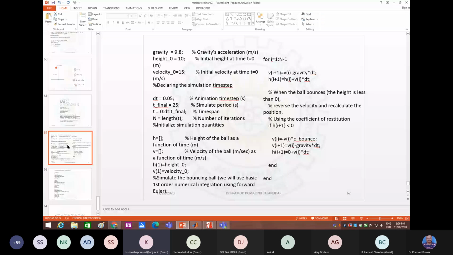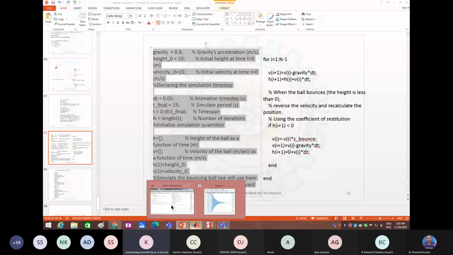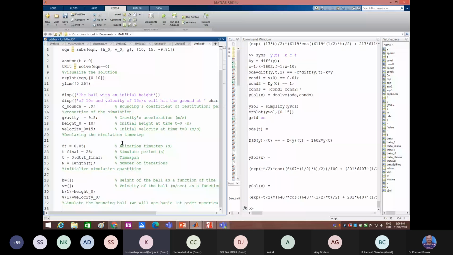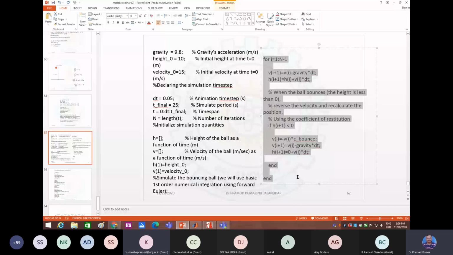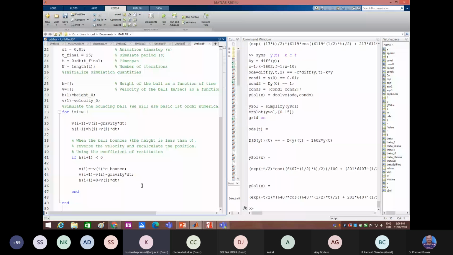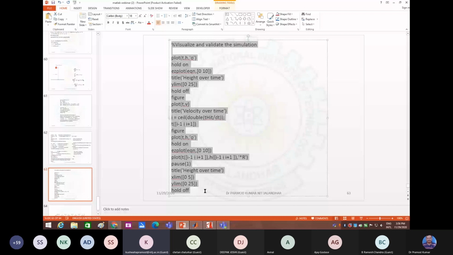By putting the values here, and then we do all this mathematical expression. After that, this is for your animation, and one more part left is the visualization of this problem. Here is a big problem.